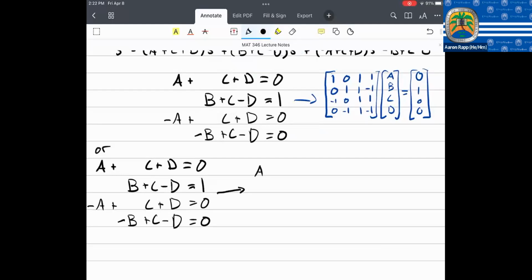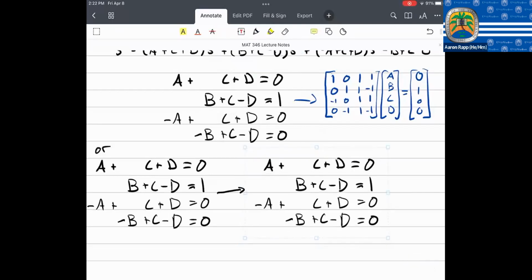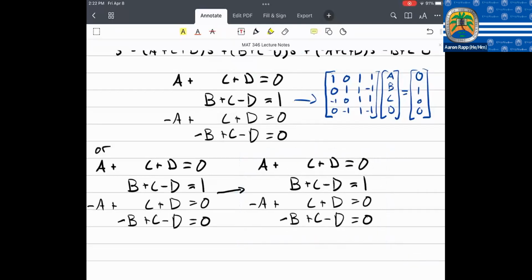So I didn't do anything to the first equation. When I take the first equation and add it to the second equation, or sorry, I kept saying second, I mean third.